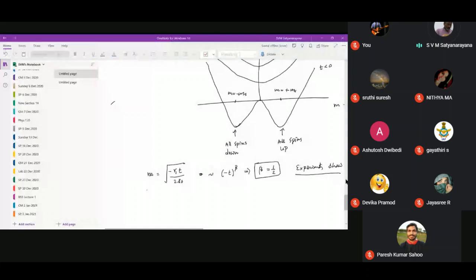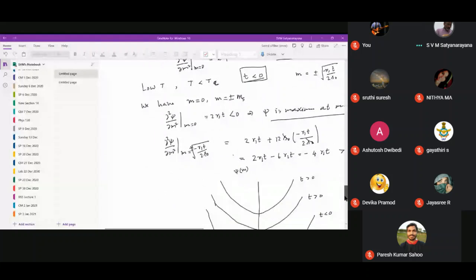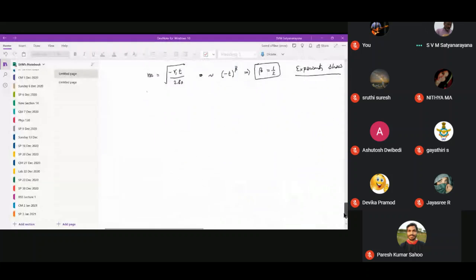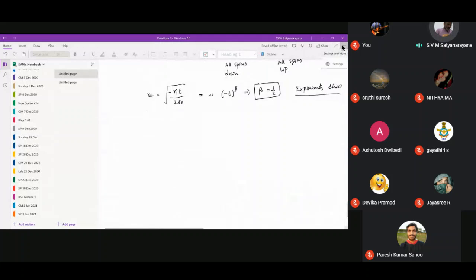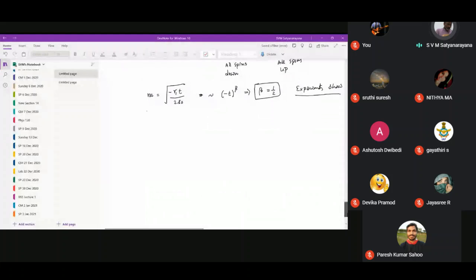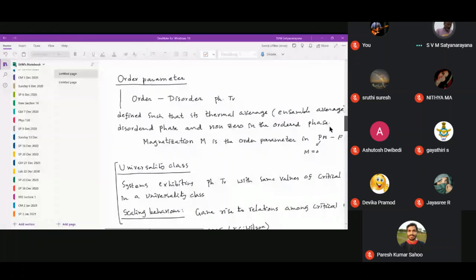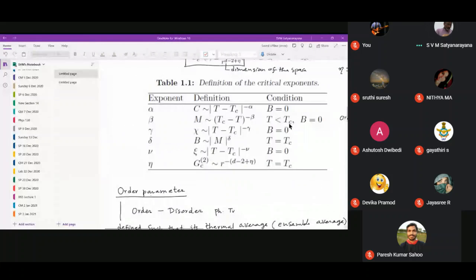So we can also talk about other exponents. Let me draw your attention to this list of exponents that we have shown in the beginning. Whatever I have shown just now, this beta is like half.